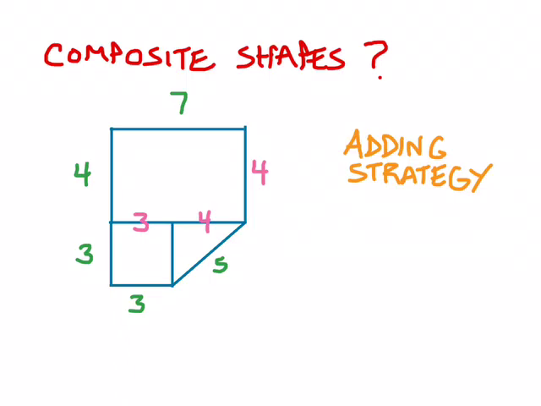Let's say I want, again, the area of this. Well, to find the area of the whole shape, I need the area of the individual components. So the area of this rectangle here is going to be 4 times 7, the length times the width, or the base times the height. That's 28. And the area of this square here is going to be 3 times 3, that's 9, same deal.